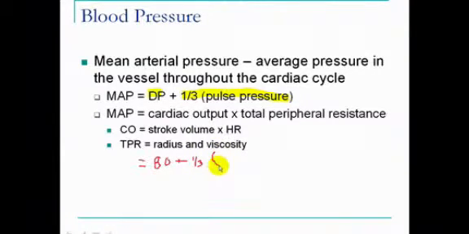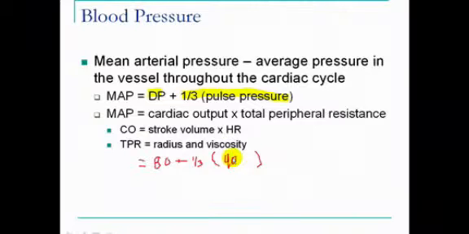Do you remember what your pulse pressure was? Your pulse pressure was your systolic minus diastolic, so it was 120 minus 80, which is 40. Then you just solve for this. Basically 40 divided by 3, which is 13.3, plus your diastolic pressure, 80. So in this example, your mean arterial pressure would be 93.3.